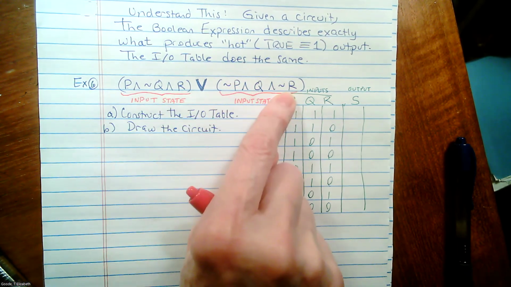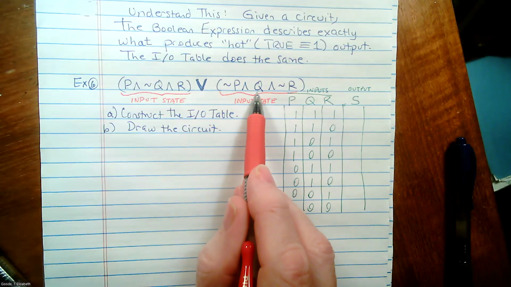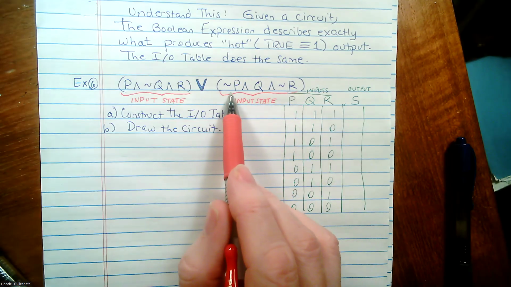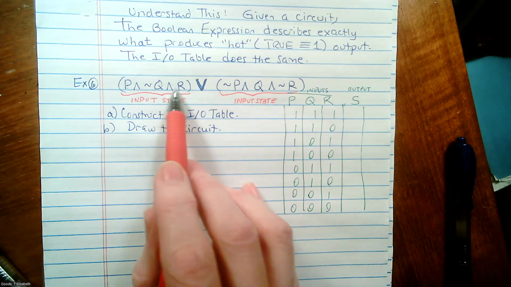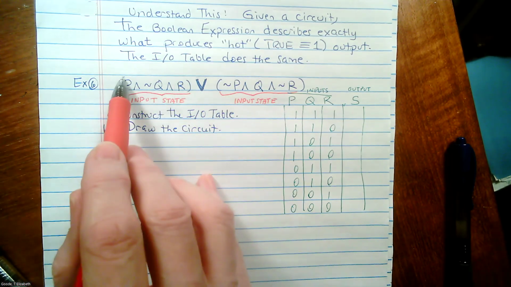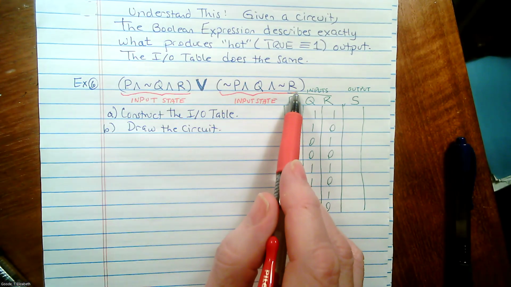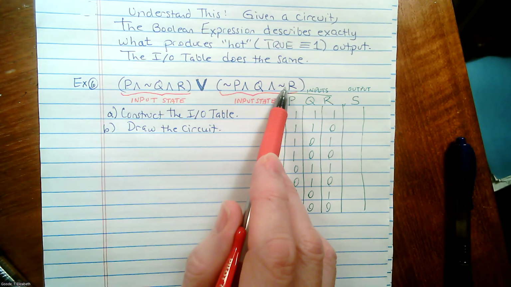This other input state says, if P is cold and Q is hot and R is cold, if that happens, we want hot output. So this Boolean expression is in disjunctive normal form. Inside parentheses is a complete description of the input wires: hot, cold, hot, and cold, hot, cold.